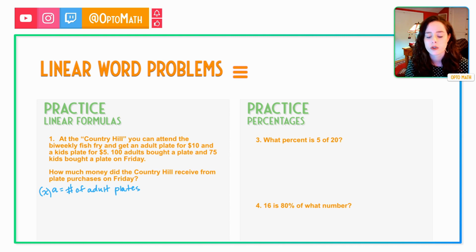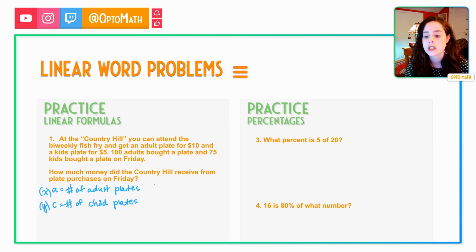You could swap the order, it really wouldn't matter in this case. And C could be the number of child plates. That will be our Y. And we do need to separate these because they have different rates. So that's why we do two different variables.